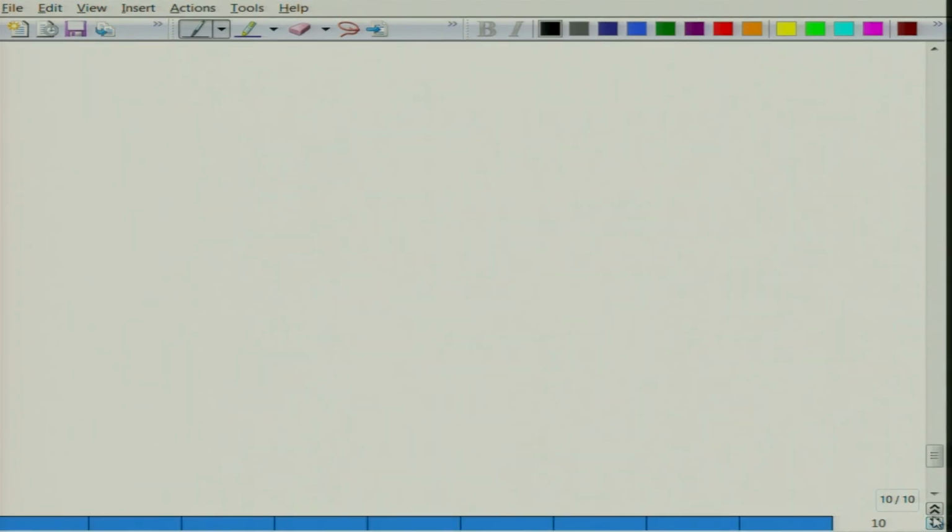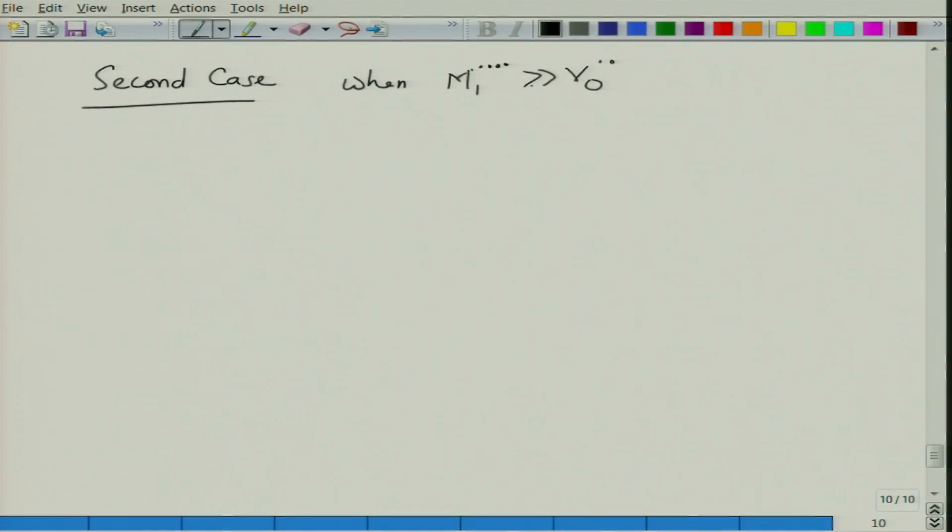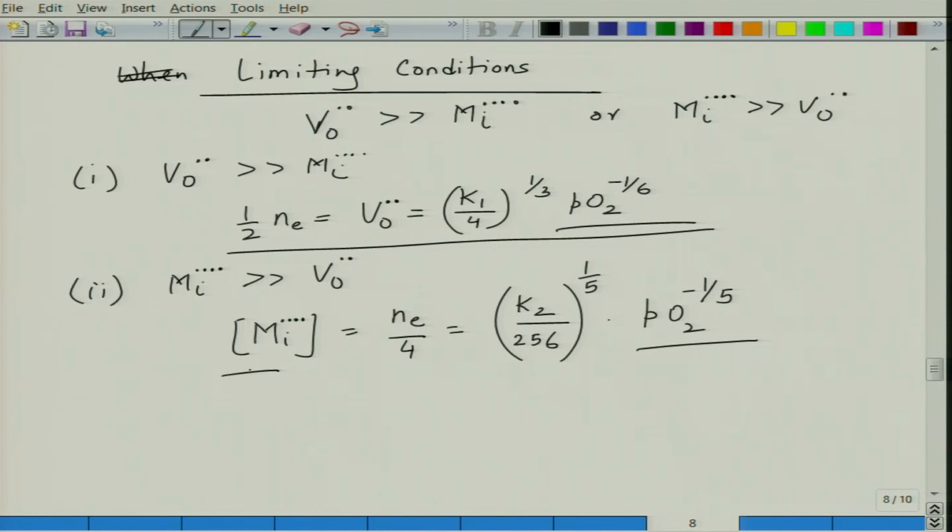For the second case, when Mi dominates over VO, we calculated the expression for Mi.